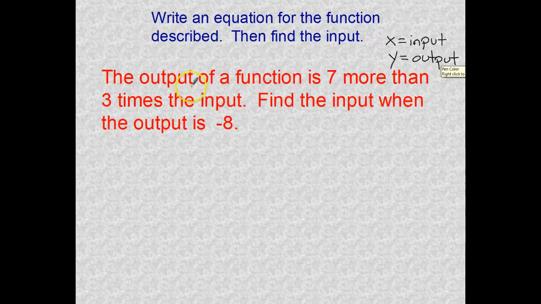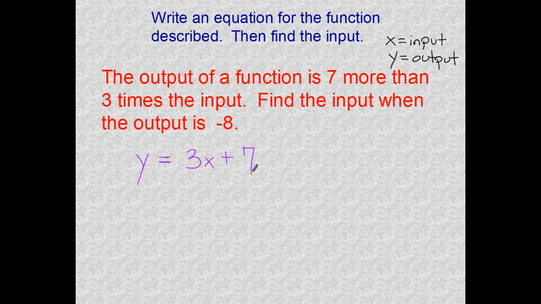The output of a function is, so the output, which is y, is means equal. So output is 7 more than 3 times the input. So it's 7 more than something. So let's start with that something. 3 times the input and 7 more than it.